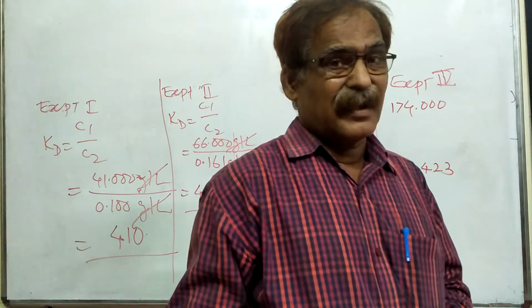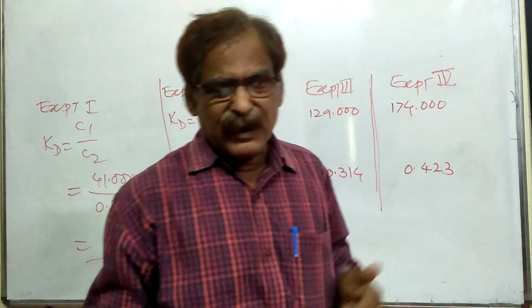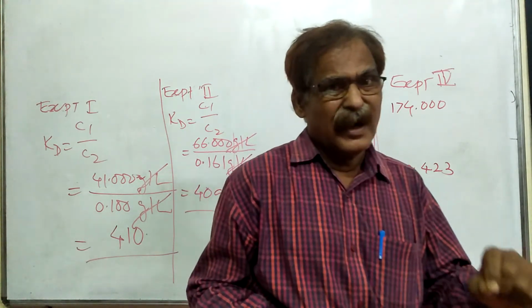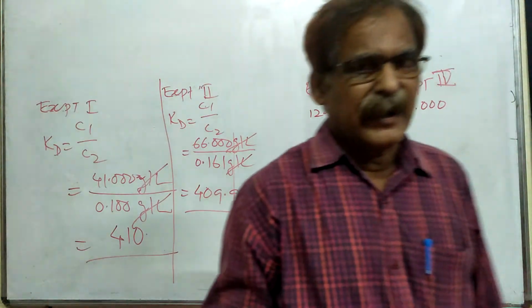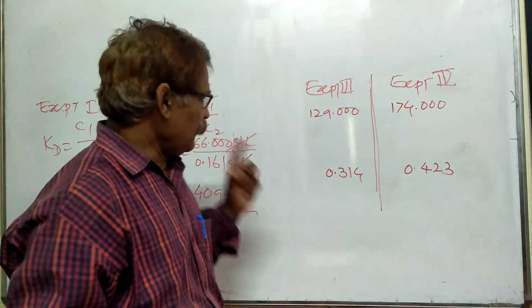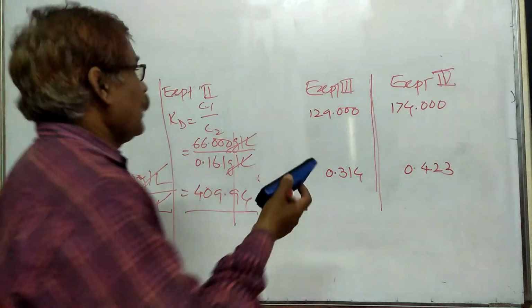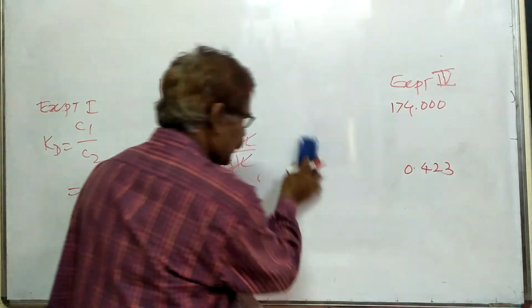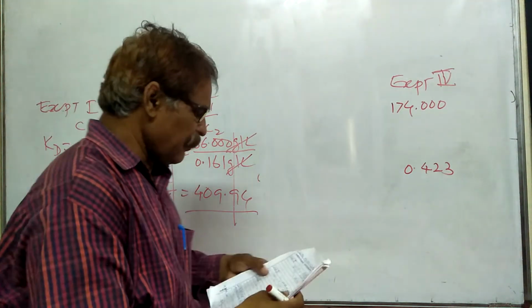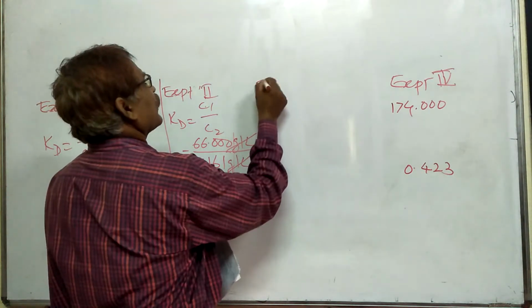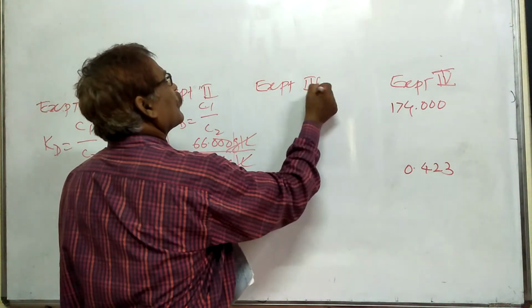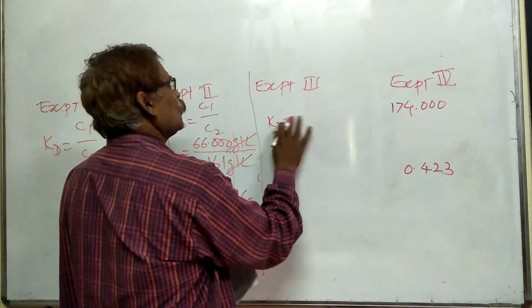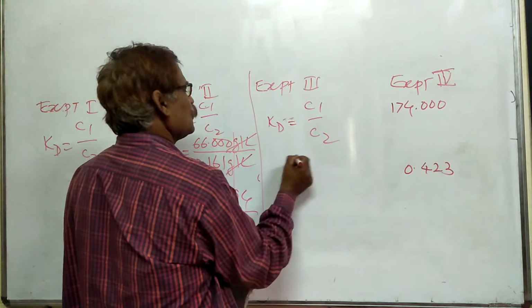The most important thing which is to be remembered over here is that all these experiments are carried out under identical conditions and exclusively at constant temperature 298 Kelvin. Therefore, let us see in case of third experiment, experiment number 3, Kd is equal to C1 upon C2.